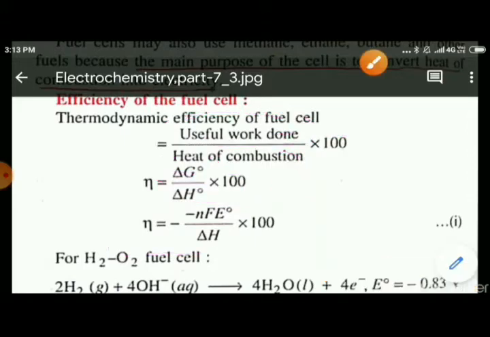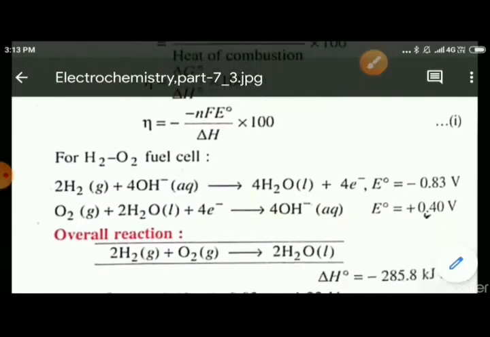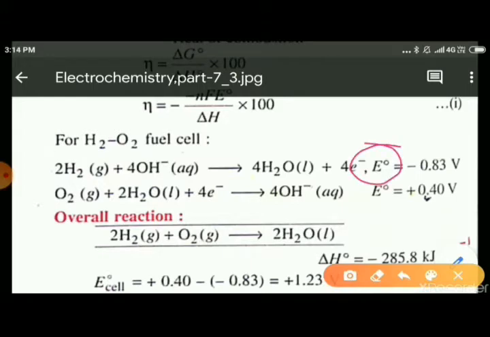In the present situation, we are studying the hydrogen oxygen fuel cell. If we take both the oxidation half reaction and the reduction half reaction, in the oxidation half reaction the standard electrode potential is minus 0.83 volt, and in the case of the cathode half reaction, the standard electrode potential is plus 0.40 volt.